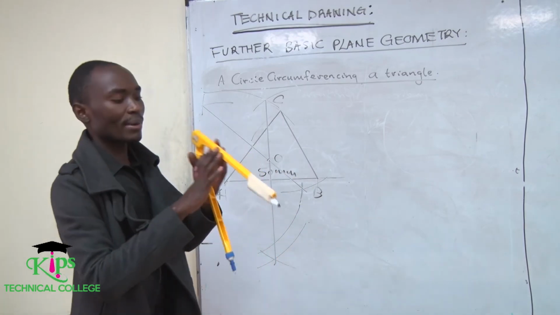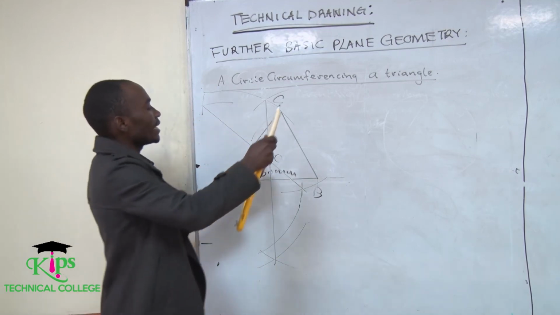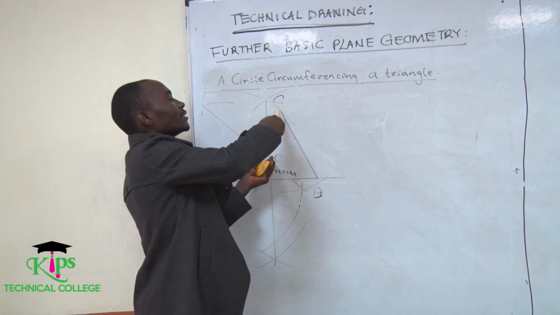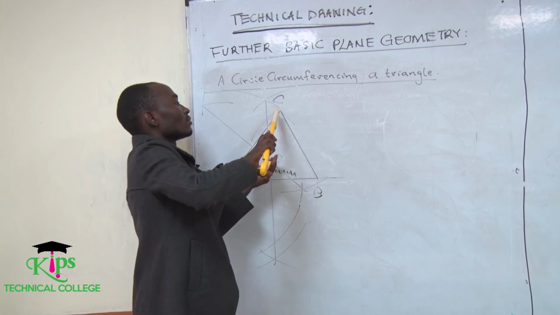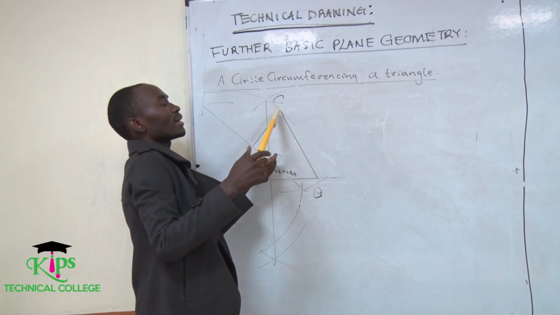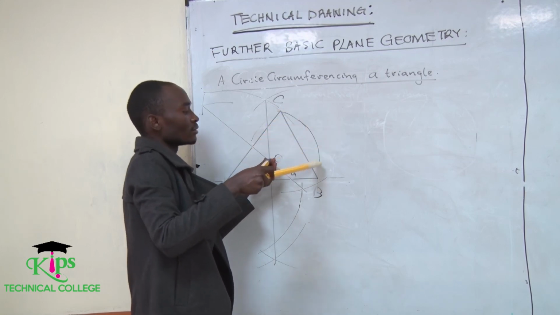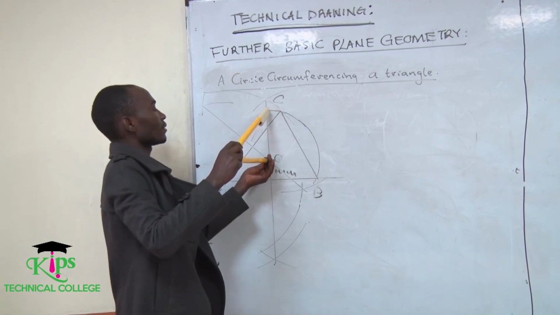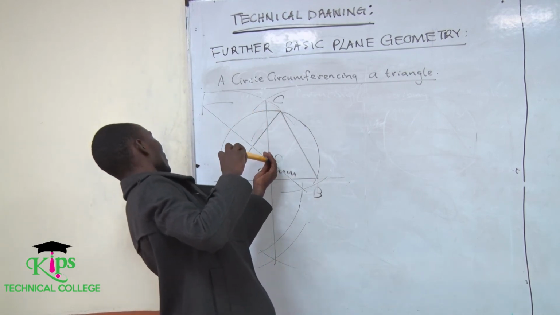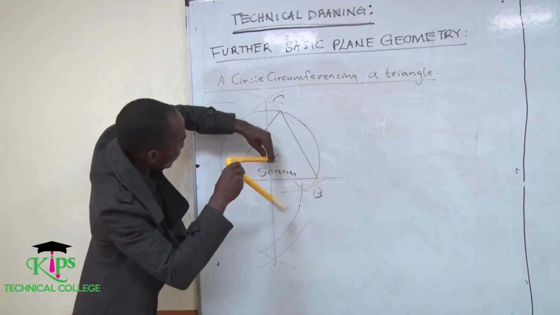I will take up my compass like this. Then standing at O, I adjust my compass to touch one end of my triangle, the apex. Then from there, I will try to draw a circle like this.